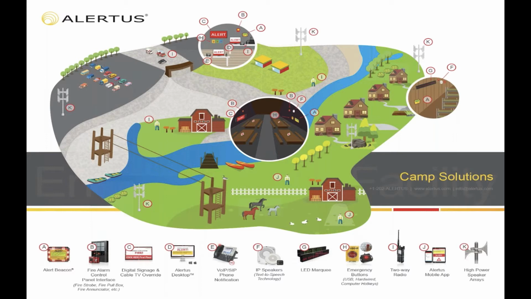Question number 3. We currently have a police radio from our local police department. Can we integrate with that radio? Yeah, so it depends on the system that we have with the two-way radio integration. We do have a ton of different integrations with different land mobile radio systems.